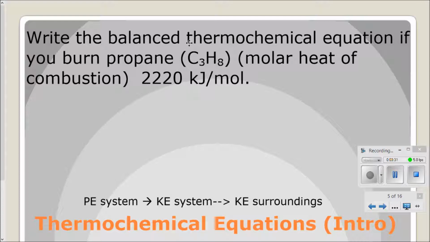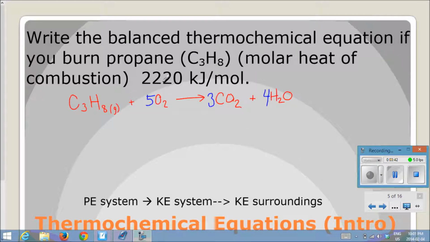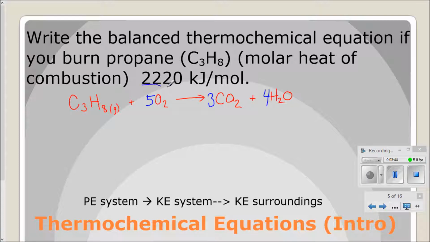It's asking you to write a balanced thermochemical equation for burning propane. We're going to start by just writing a balanced chemical equation. I'm going to do that now. What this term right here means is that we're going to produce 2,220 kilojoules for every mole that we're actually burning.